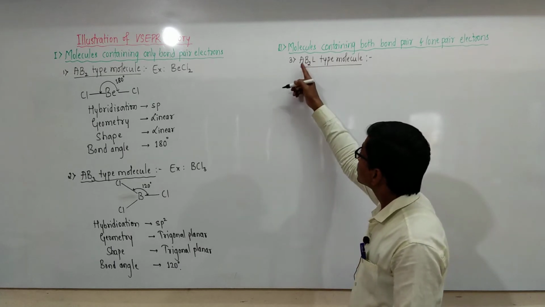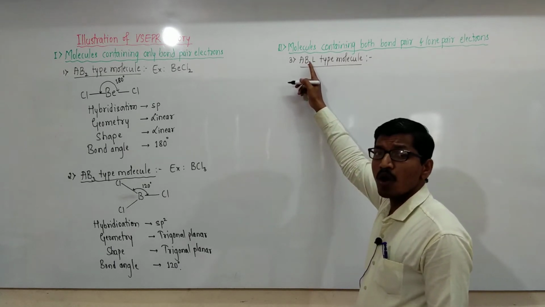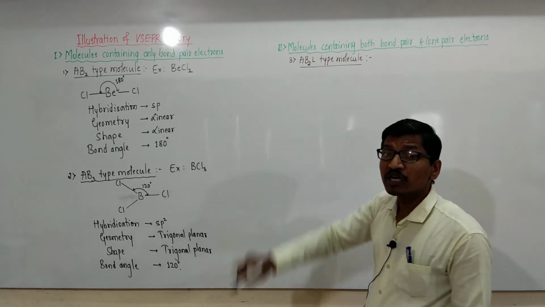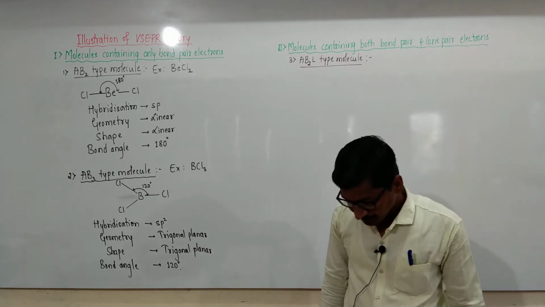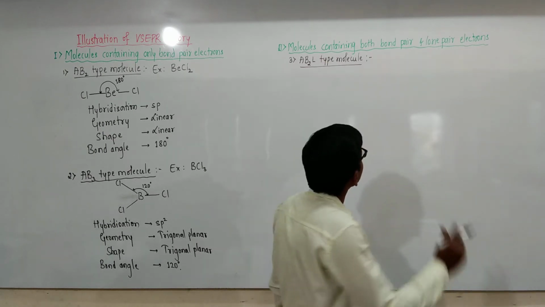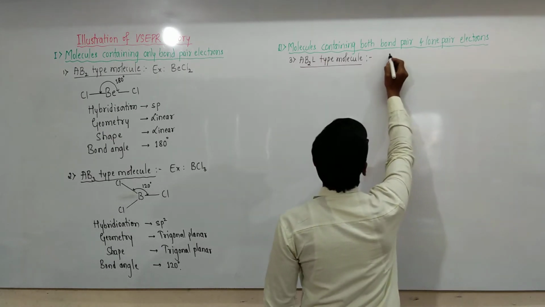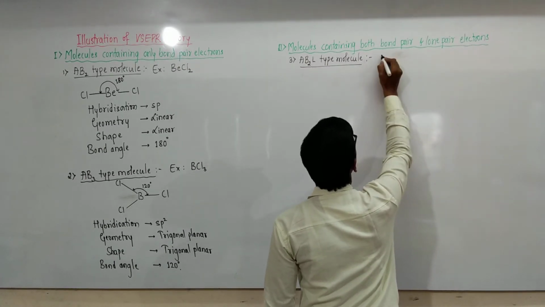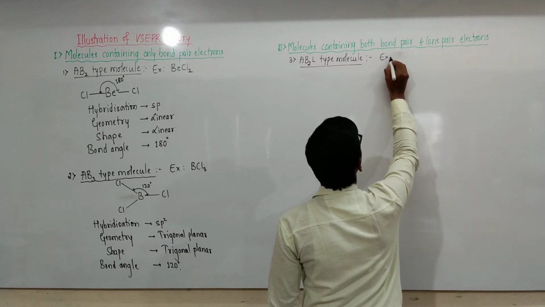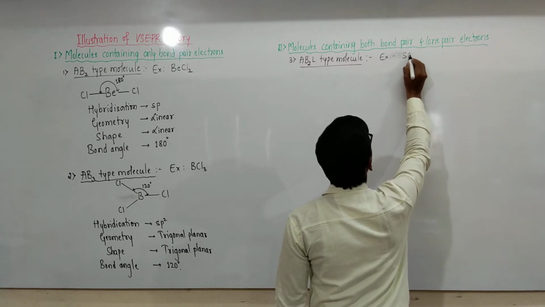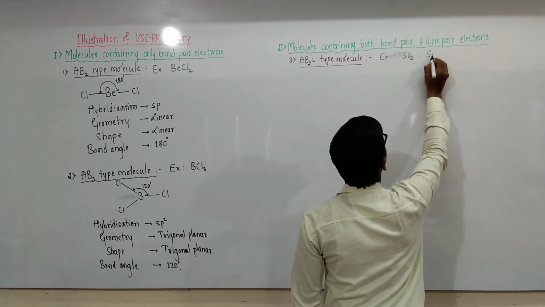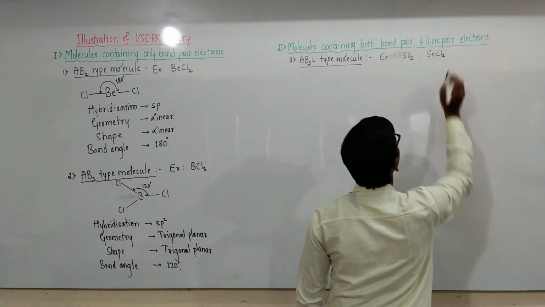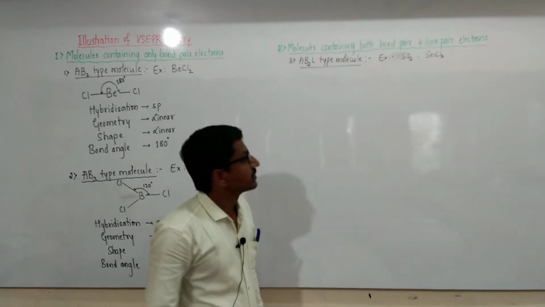In AB2L, A is the central atom, B is the bond pair electrons, and L is the lone pair electrons. The examples are sulfur dioxide and SnCl2.